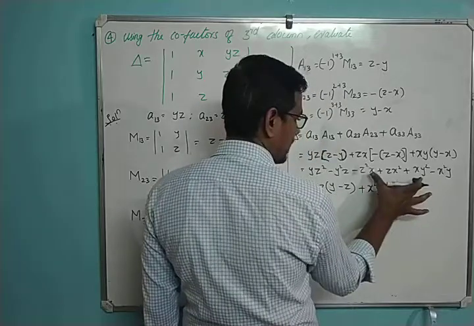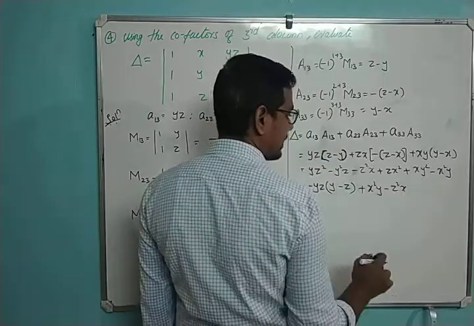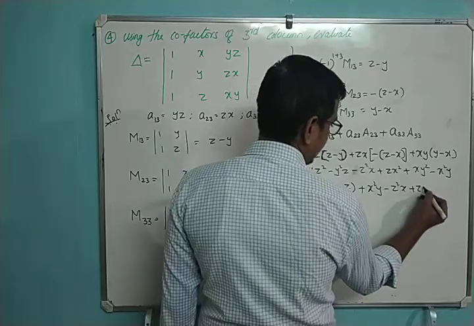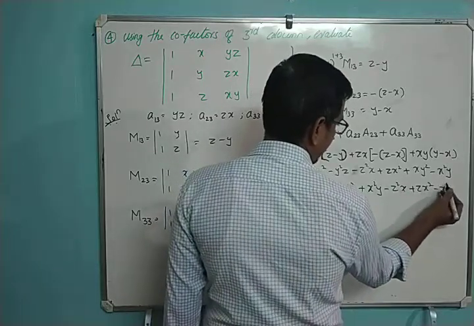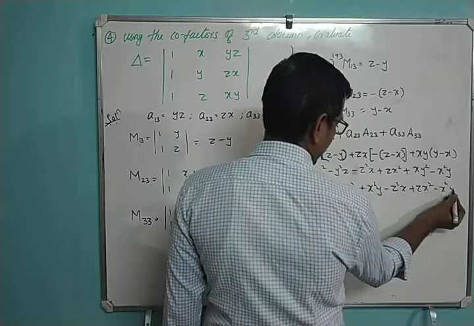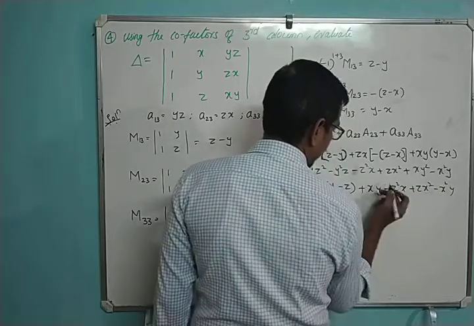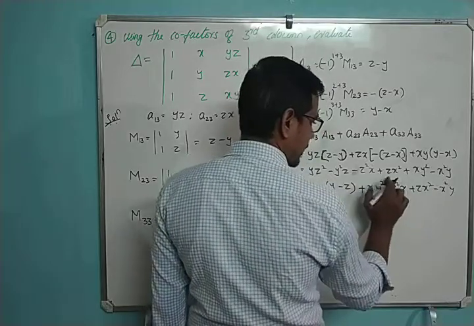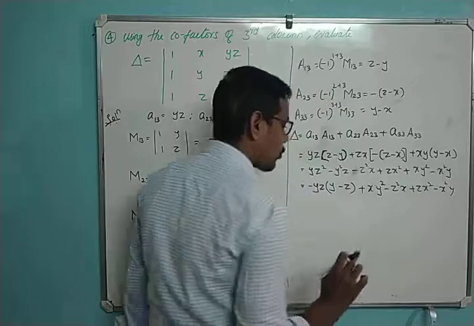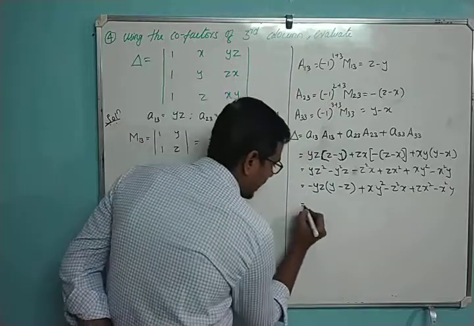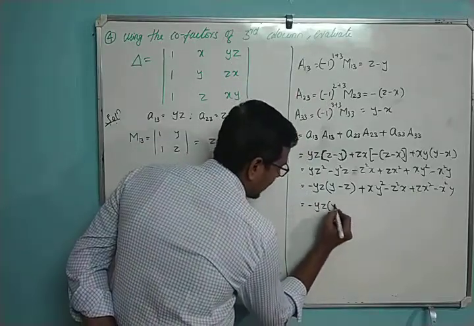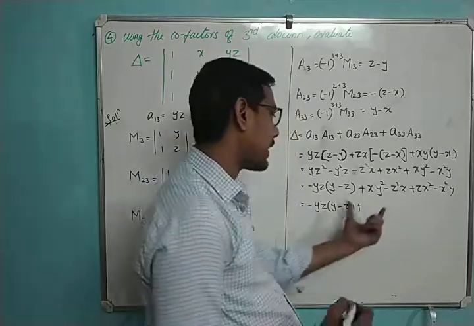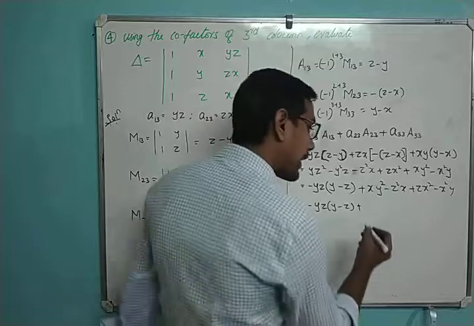I will take these two in a set. X square Y minus Z square X, right? Plus ZX square minus X square Y, sorry, XY square. These two things are taken common. XY square minus Z square X plus ZX square minus X square Y. So this you keep it as it is, minus YZ into Y minus Z. Okay. So here I can take X common. So if I take X common, what happens?